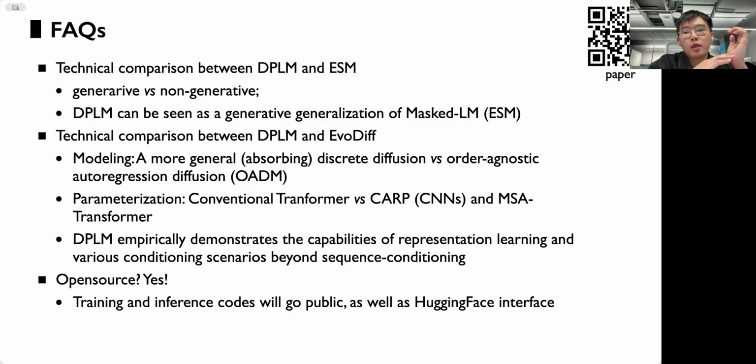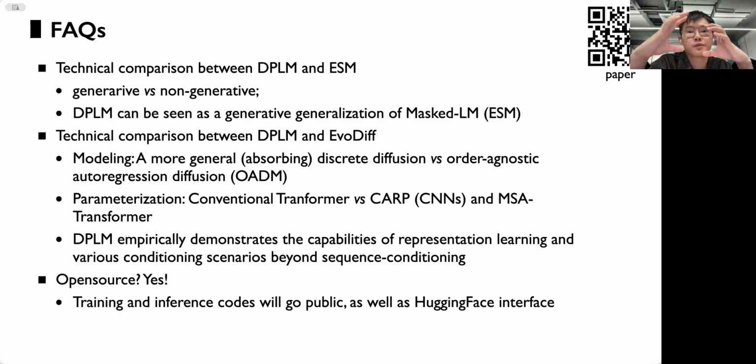Another very related work is EvoDiff. We differ from EvoDiff in terms of modeling. We use a more general absorbing discrete diffusion, and EvoDiff uses an order-agnostic autoregressive diffusion.